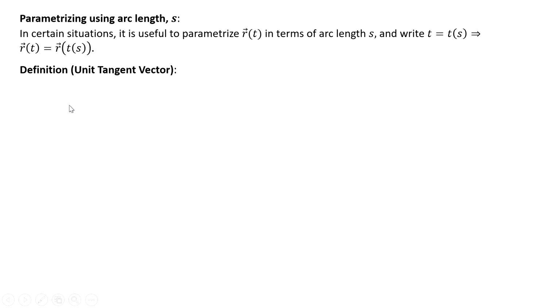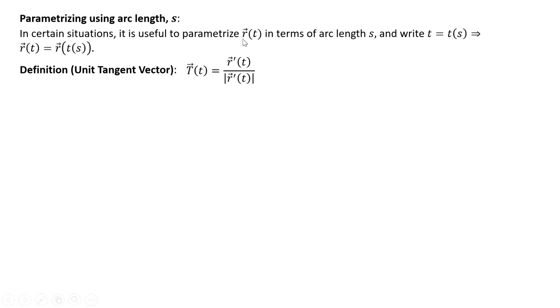All right. Definition: unit tangent vector. We are here at the unit tangent vector. Unit tangent vector T of t, the very fact that we are saying it's a unit vector means its magnitude has to be 1. What exactly is it?